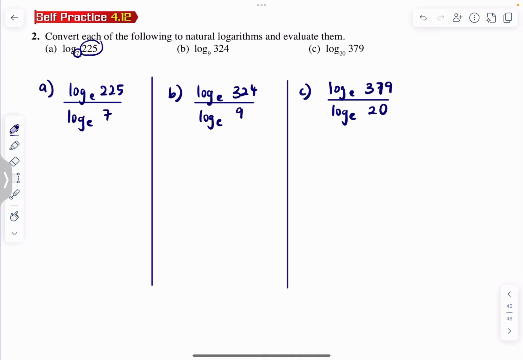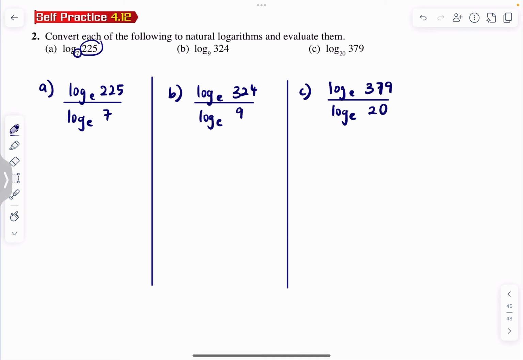Okay, so one more way of writing log base e is ln. So we can just write this as ln 225 over ln 7. This will be ln 324 over ln 9. This will be ln 379 over ln 20.